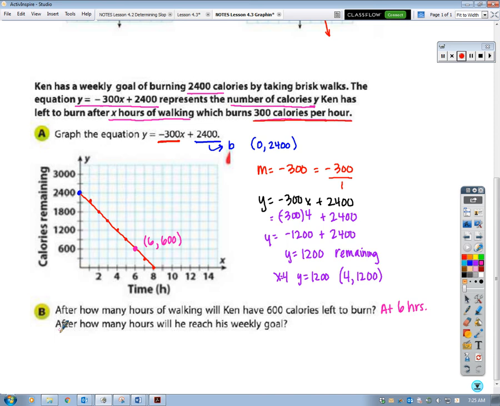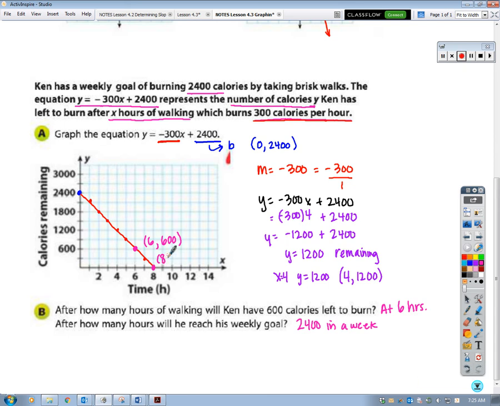And we want to find out after how many hours will he reach his weekly goal. So his weekly goal is 2,400 in a week, right? So we need to find out when he's got that down to 0 calories remaining. And that is right here at 8 hours, where calories remaining is 0.